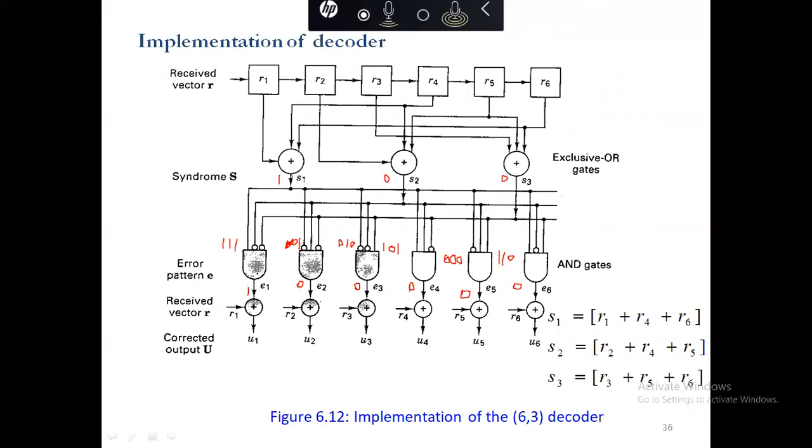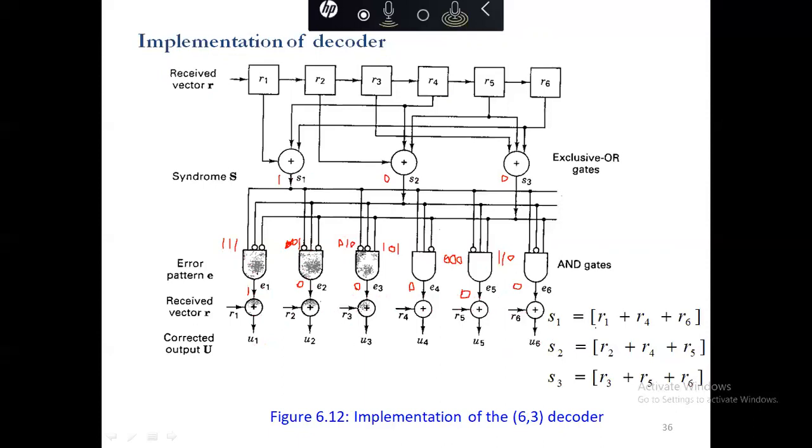So you calculate the syndromes. For example, you calculate the syndrome 100, so the first error pattern is 111. That's the error pattern 1. So from these syndrome values, you calculate the error pattern 10000, and in the received vector, you exclusive-or this, and you will get the corrected code word.